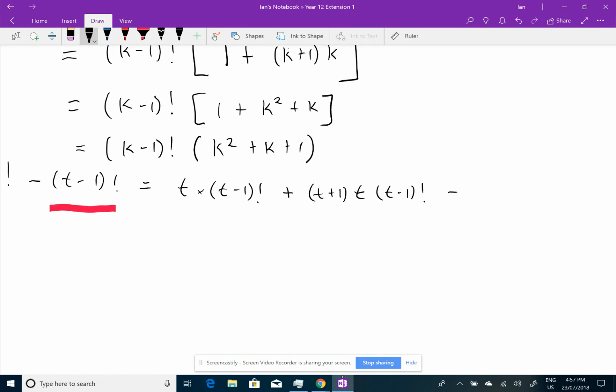And I'll just leave that last one alone, t minus 1 factorial. I'll take the t minus 1 and factorise it out. It's in each of them, t minus 1 factorial. So I get t minus 1 factorial, and what am I left with inside? On the first one, I've got a t. Here, I've got a t times t plus 1.